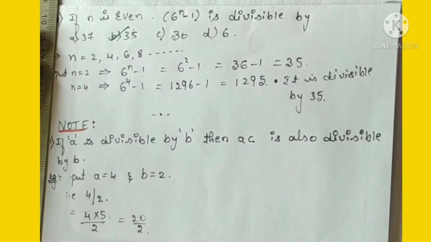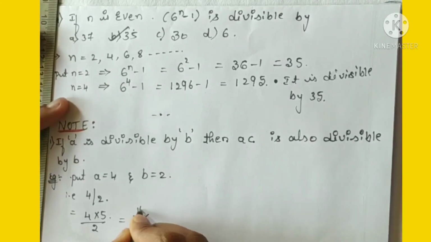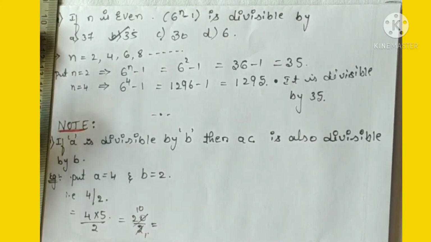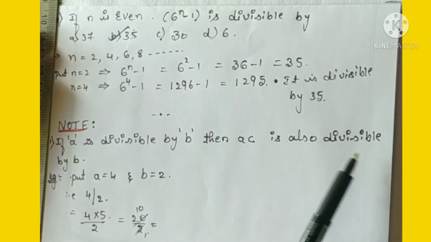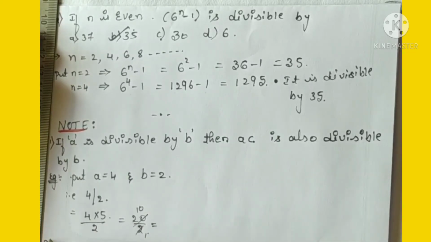Then also this product is divisible by 2, that is 2 tens are 20. So we can say that if A is divisible by B, then AC is also divisible by B. Next, note number 2.